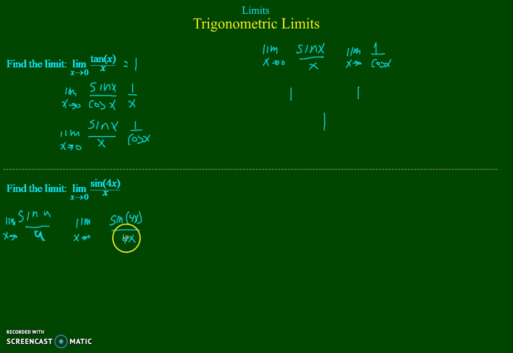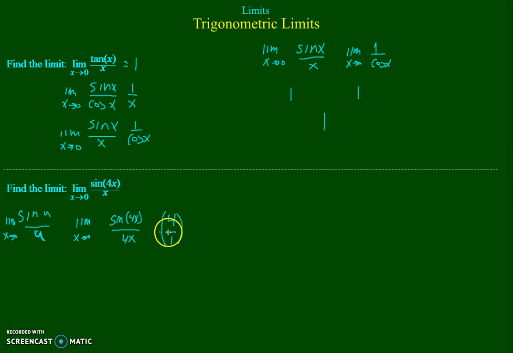Well, what we did was we put a 4 in the denominator here, and that got us this form. If 4x is u, then we have sine u over u. But the problem is we have a 4 in the denominator, and we have to offset that somehow. So what we need to do is offset that by multiplying by 4. So this is 4 over 1 over here.